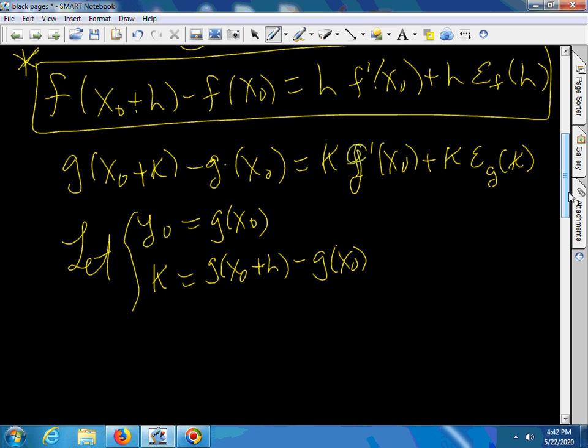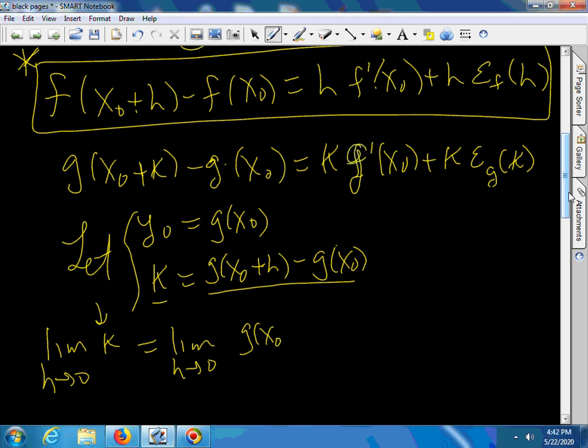Now, there's one last thing that I want to show. What is the limit of k as h goes to 0? Well, I can't find out the limit of just k, but maybe I can find out the limit of the other side. What is the limit as h goes to 0 of g of x0 plus h minus g of x0?